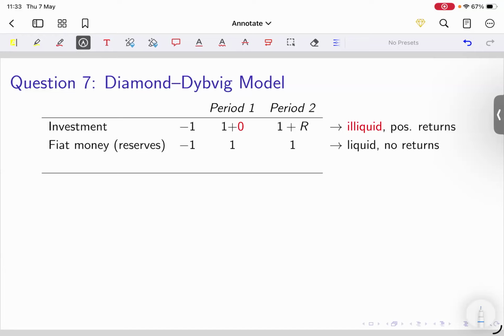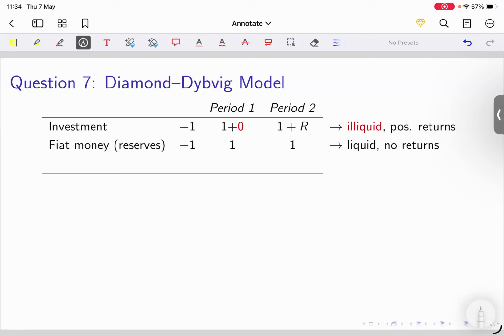So here's already a lot of information. We're familiar with the Diamond-Dybvig model, but regardless, what are the key ingredients here? You have households that are risk averse. This is going to form a key channel for this to work.